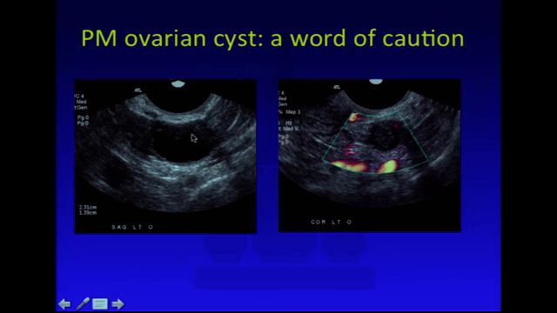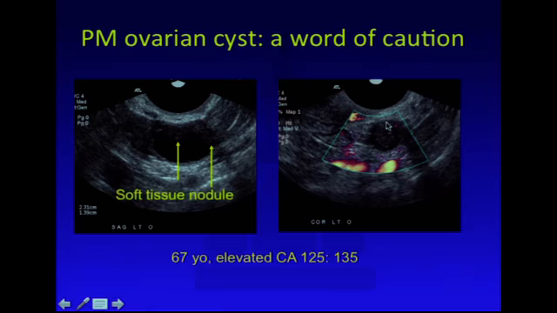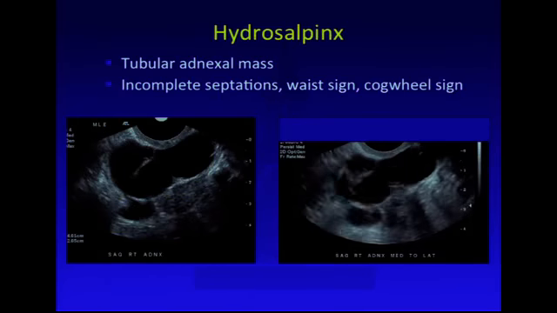But if you look here, this is not reverberation artifact, because if you look even on the side of the wall, there's a little nodularity here. Another view again showing the nodularity, and this was a patient that had an elevated CA-125, and this was a small ovarian cancer. So again, we have to be very, very diligent about looking at the entire lesion.